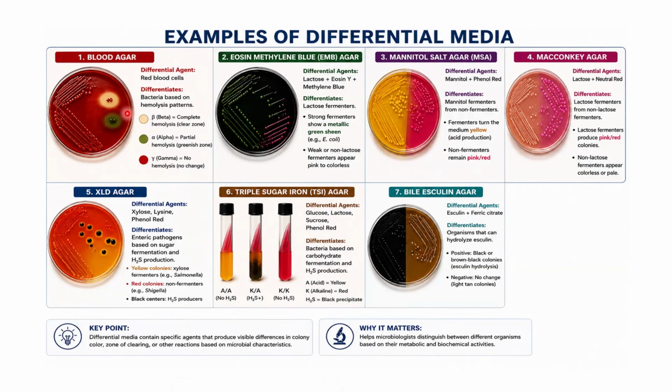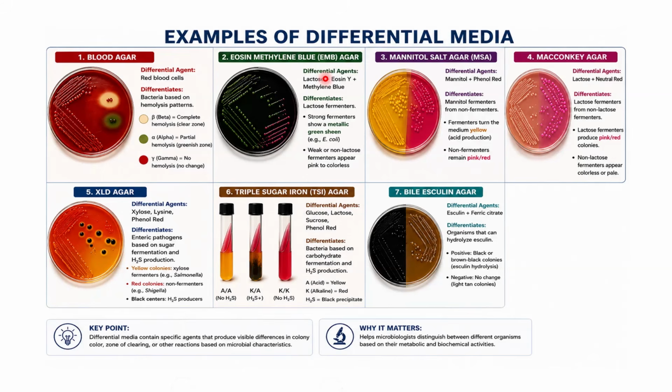For example, bacteria that undergo beta or complete hemolysis show a clear zone on the agar medium, and those that undergo alpha or partial hemolysis show a greenish zone on the agar medium, and those bacteria that undergo gamma hemolysis or are not able to hemolyze red blood cells form red colonies on the agar medium as shown here.